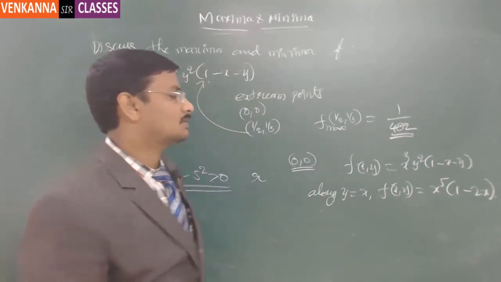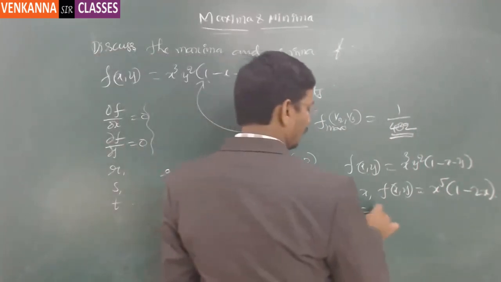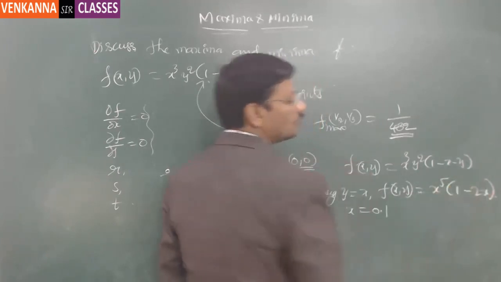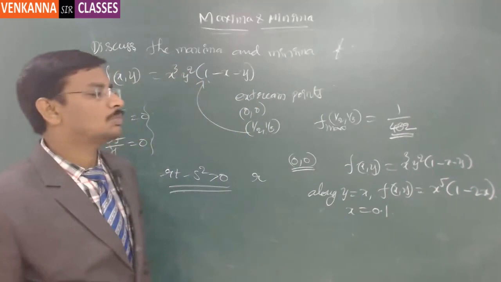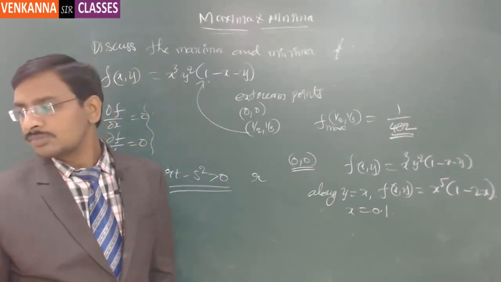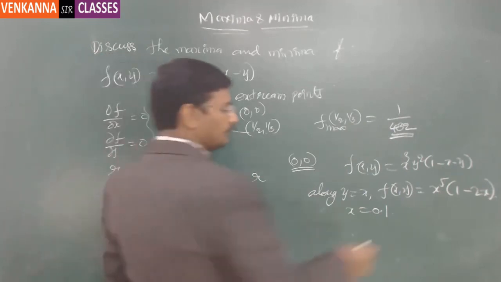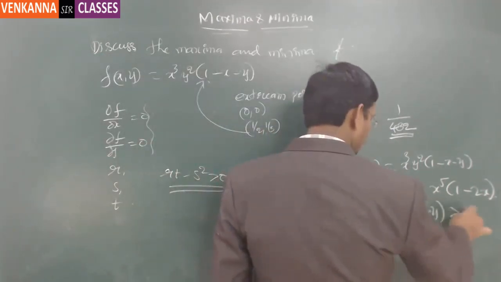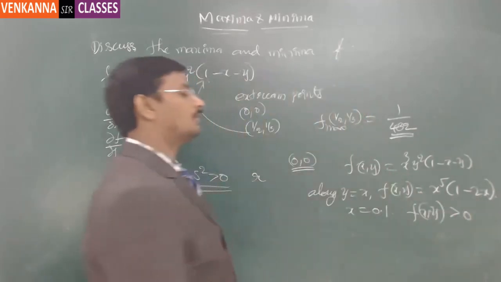Now we take two different values. Suppose if x is equal to 0.1, then 0.1 whole power 5, 1 minus 2 into 0.1 will be positive value. Got it? So f of x comma y value is greater than 0 in case x is equal to 0.1.